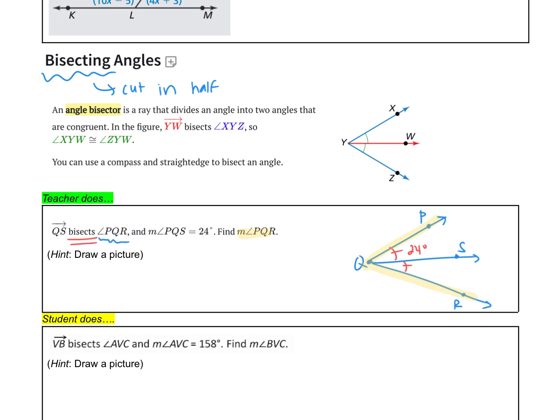So we're looking for the whole thing. Now, from our notation, we know if this is 24 degrees, this also has to be 24 degrees. So then our whole angle, our angle PQR, 24 and 24 is 48 degrees.